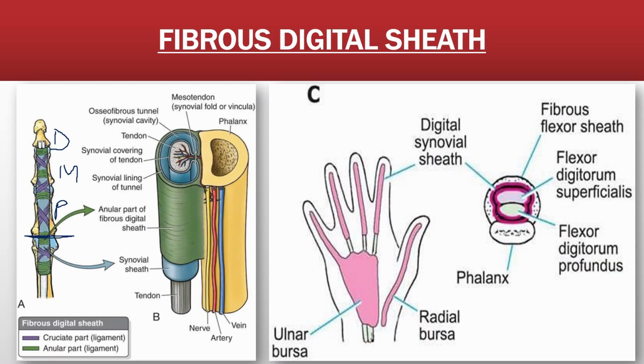You have a proximal interphalangeal joint and a distal interphalangeal joint. And this is the metacarpal, so you have the metacarpophalangeal joint here. All these are ensheathed by this fibrous flexor sheath.